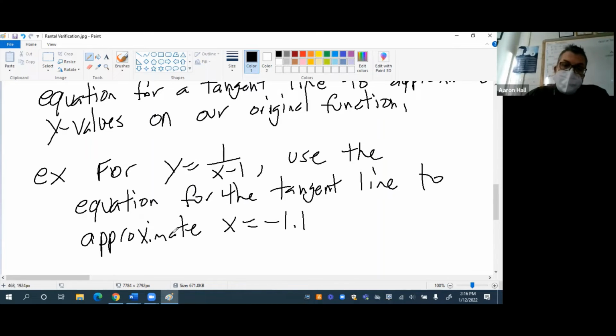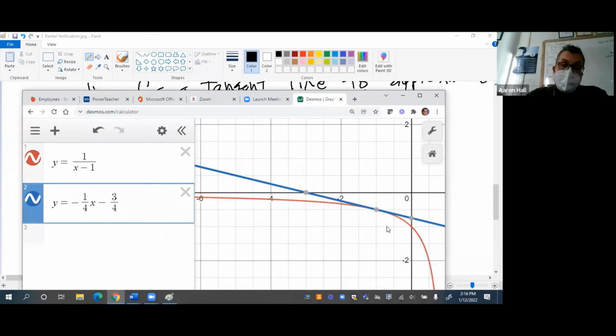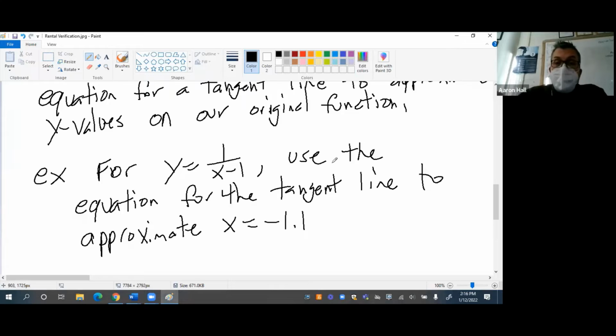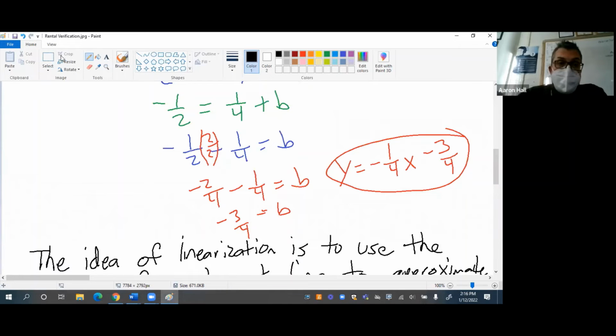Will this give me an acceptable approximation? Is -1.1 close to our point of tangency? Yeah, so this would be a good approximation. So our tangent line is right here.